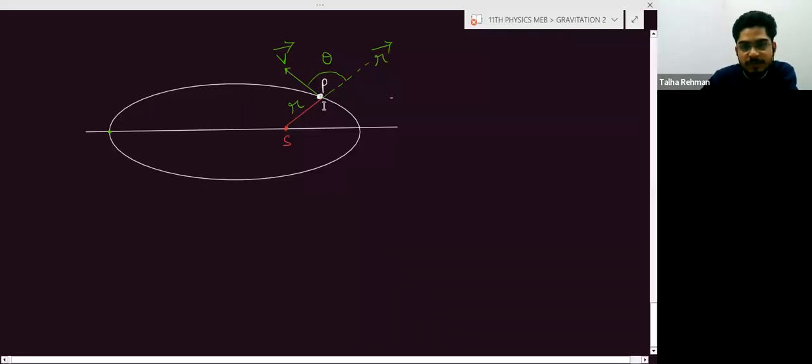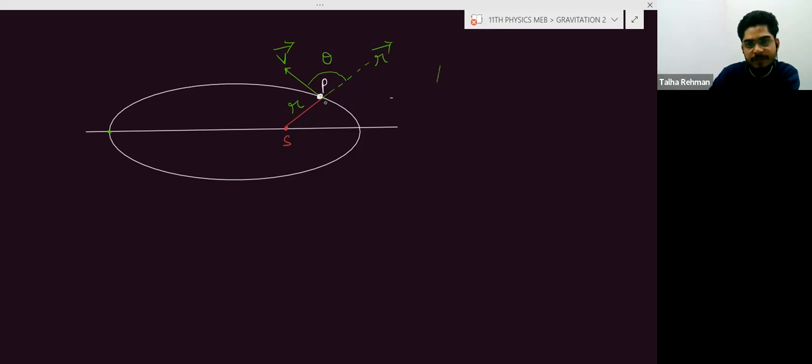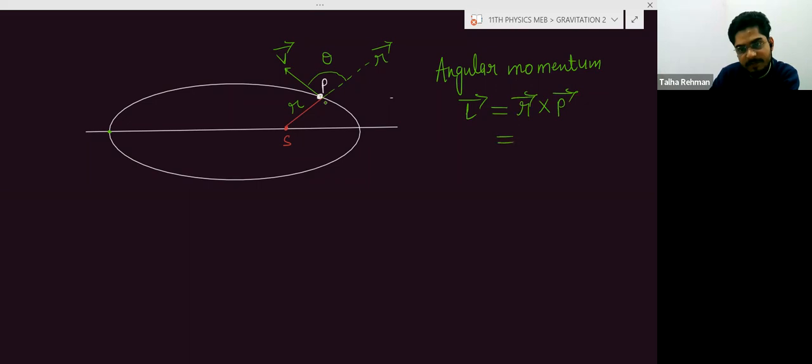So the angular momentum of this planet is represented by L, and L is a vector quantity, given by r cross the linear momentum. Linear momentum is the mass of the planet into the velocity of the planet, and when you open the cross product, it will become r m v sine theta.